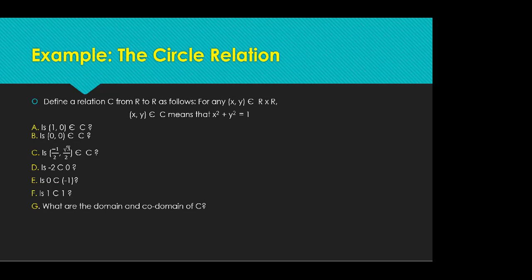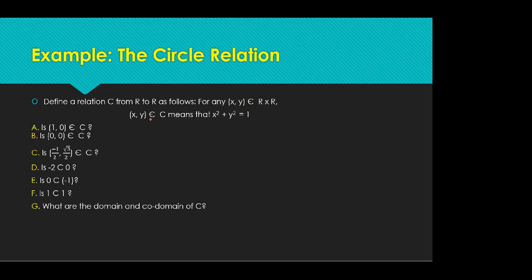The circle relation is defined as C from R to R as follows. For any ordered pair as an element of R cross product with R, the relation would be our cross product.